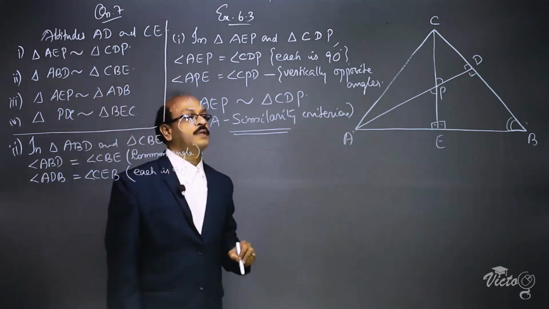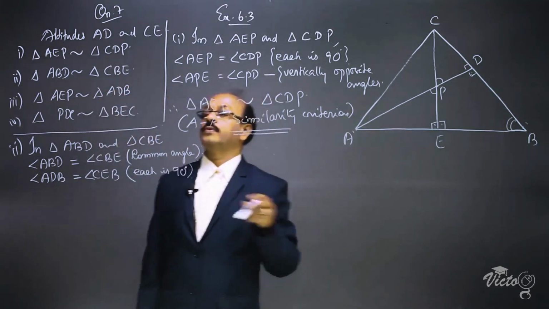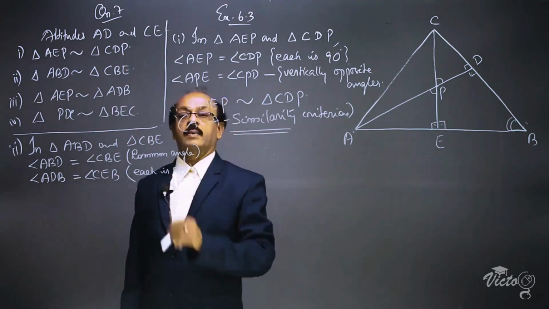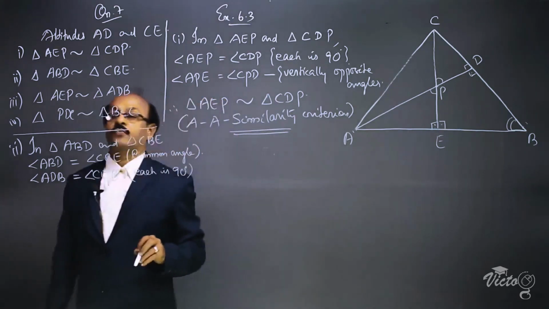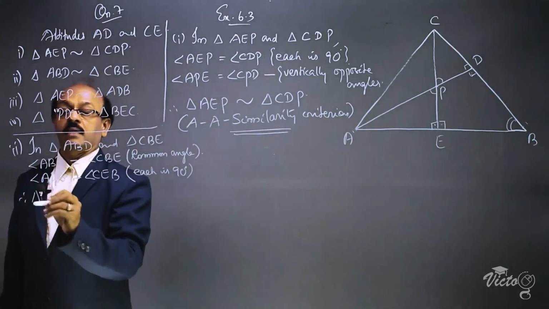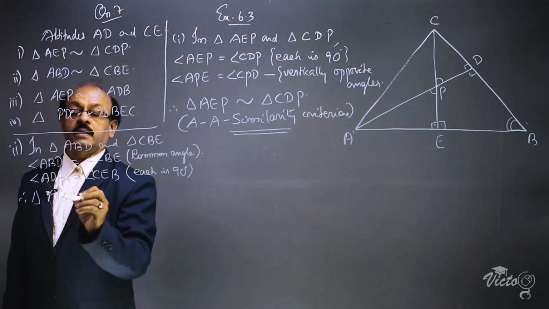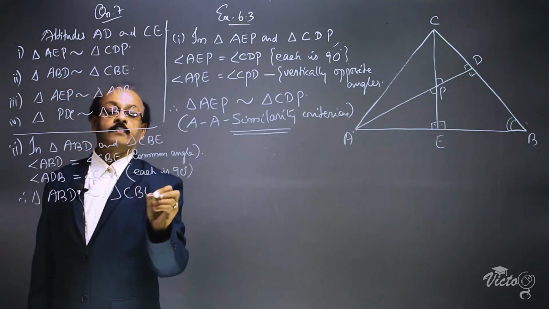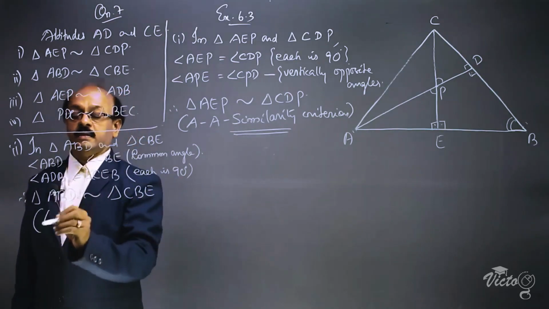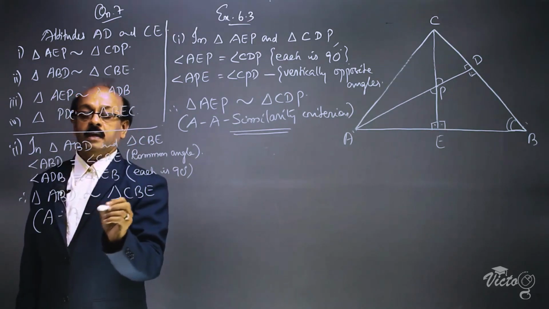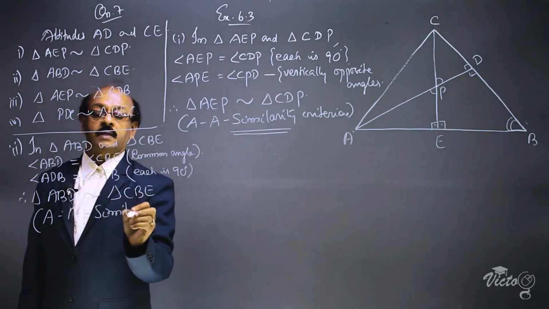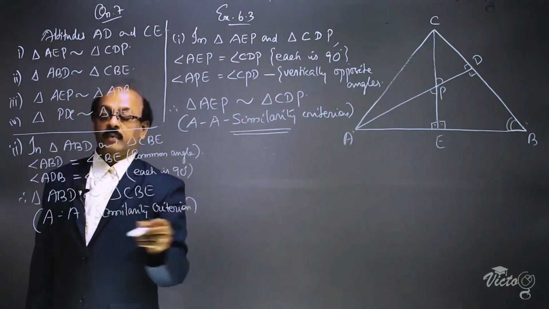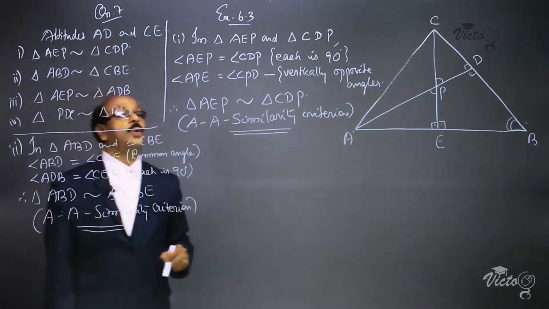These two equalities are enough to prove that triangle ABD and CBE are similar by the AA similarity criterion. Therefore, triangle ABD is similar to triangle CBE. Then the second part is also over.